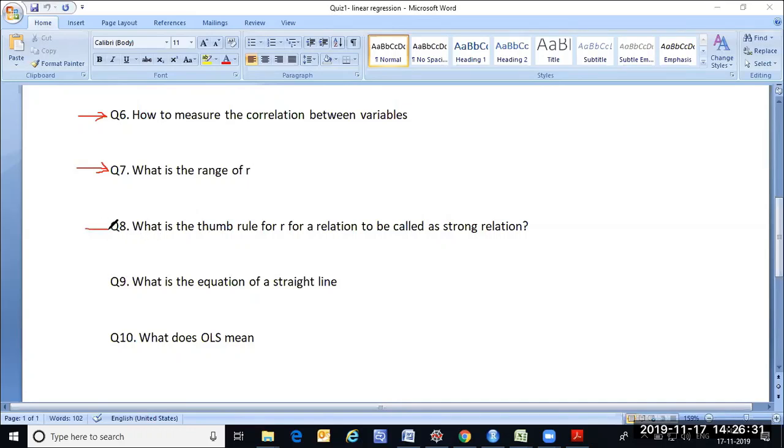What is the thumb rule for r for a relation to be called a strong relation?